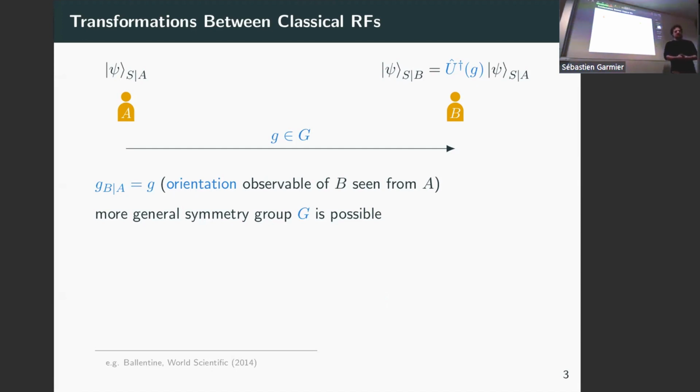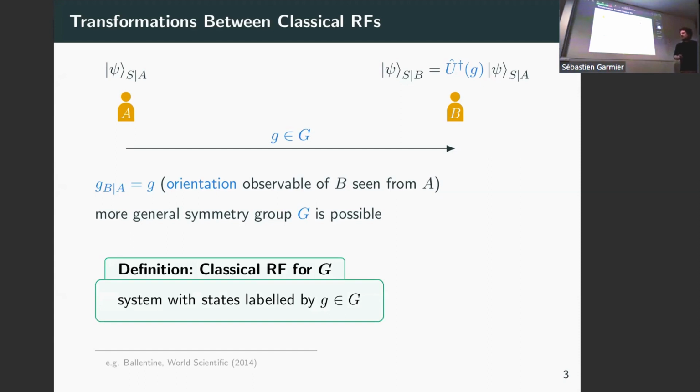So it is without loss of generality that we can reduce the reference frame to just that aspect. And so in particular, we can just label the states of the reference frame by the possible values of the orientation. And so this leads us then to the definition of a classical reference frame for G. It's essentially a classical system where the states are labeled by the possible orientations.